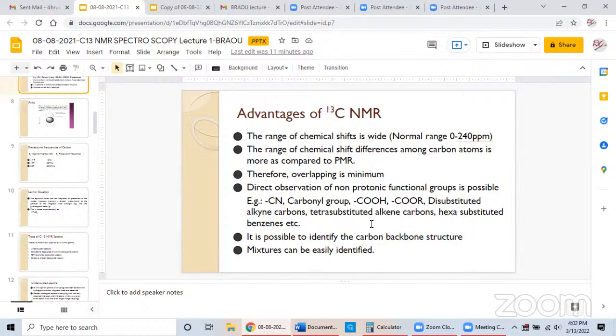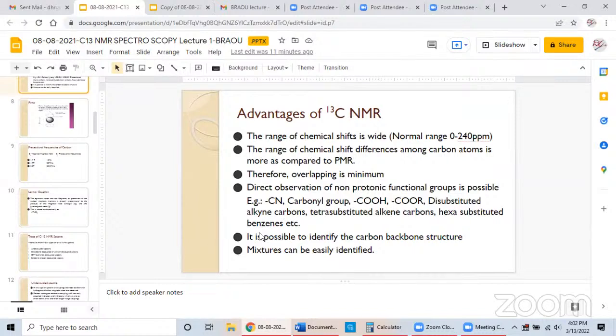Suppose, for example, you have a hexasubstituted benzene. If you take proton NMR, you will not be able to see aromatic protons at all, so you may miss that an aromatic ring is present in the molecule. Whereas when you observe C13 NMR, you can see the substituted benzene carbons also.